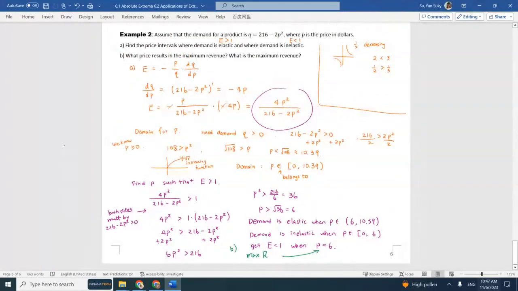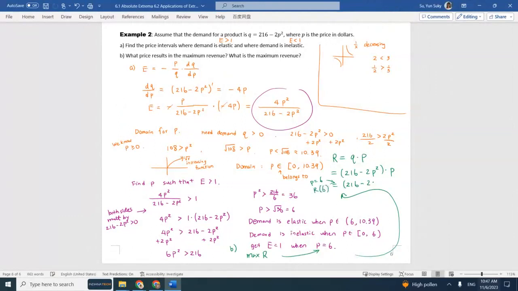Sorry, let's continue here. Revenue equals demand times price. Do you agree? Demand is 216 minus 2p squared. And then your price is p, right? So you plug in 216 minus 2 times p squared, with p equals 6.